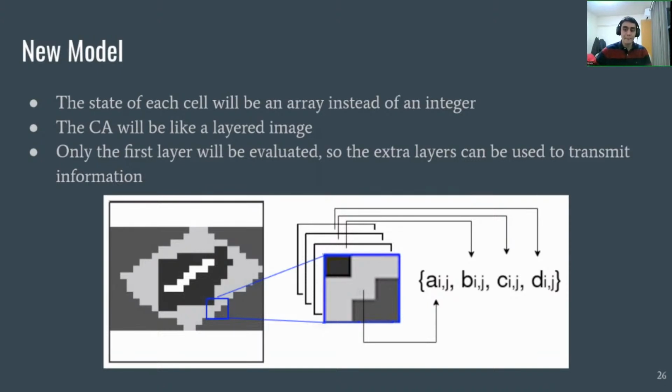If it does, I will assume that this part that is not being evaluated, which is only able to transmit data, is influencing the final answer. So if this model starts to work, I will analyze whether these other layers are actually doing something. Oh, I understand. Thank you.